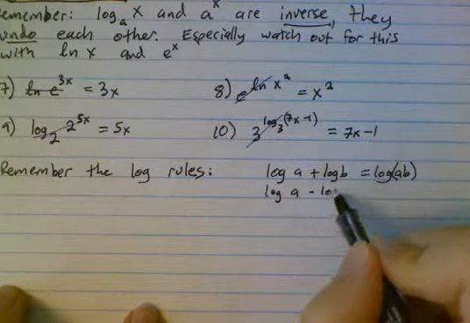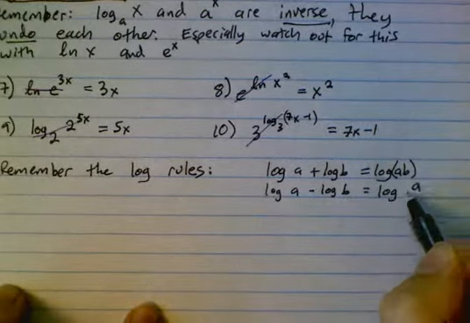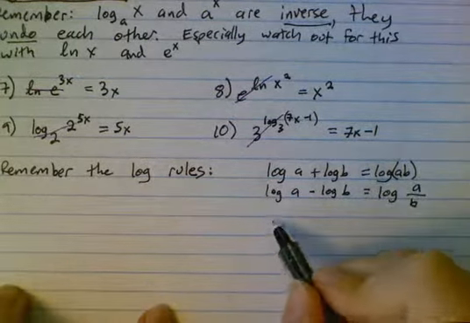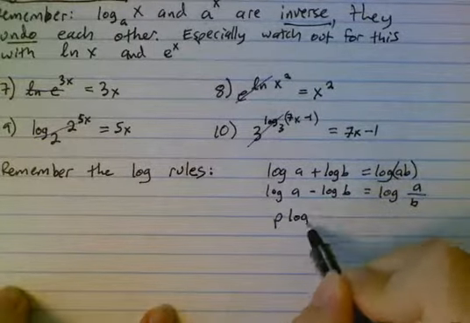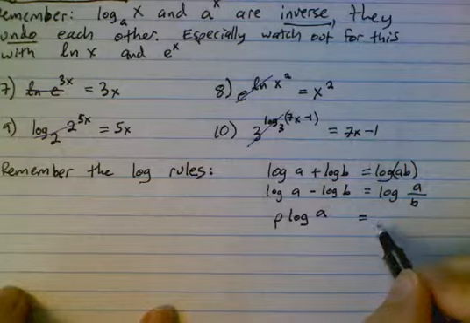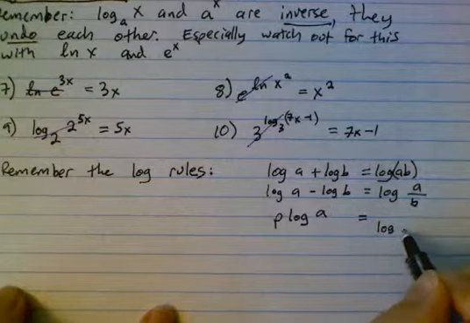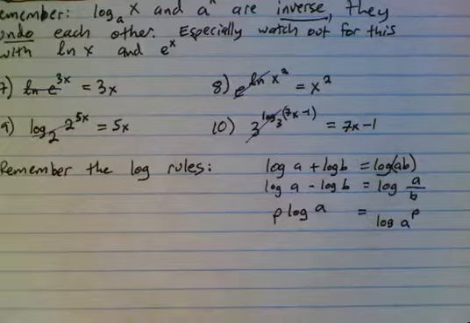Log a minus log b becomes division. And then multiplication, so let's say we have p times log of a becomes an exponent. Log of a to the p power.